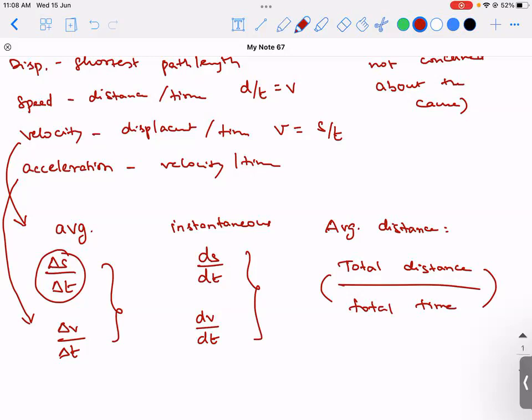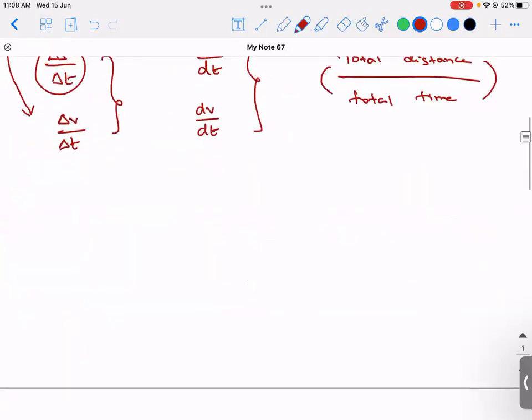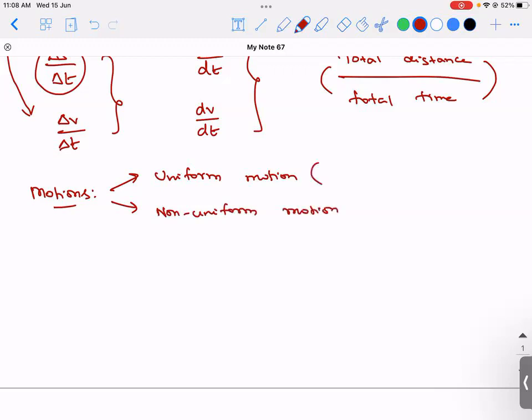Next, when you talk about the kinds of motions that we have, you have uniform motion and non-uniform motion. What do you mean by uniform motion? Uniform motion is distance covered in equal intervals of time. Then what about non-uniform motion?